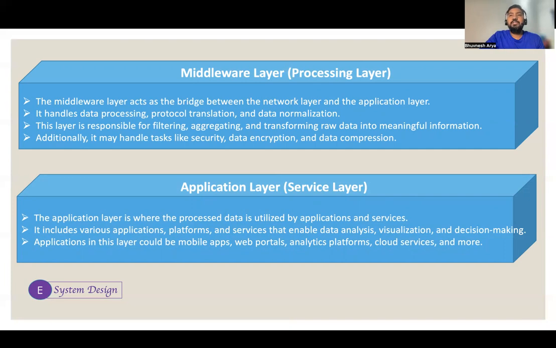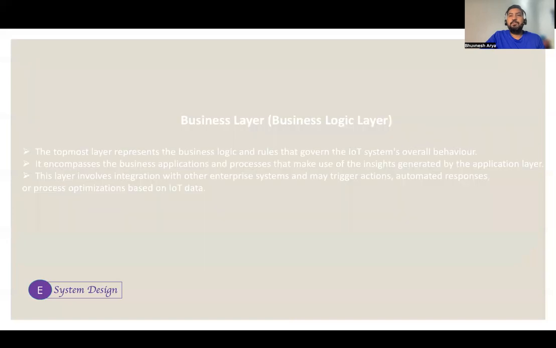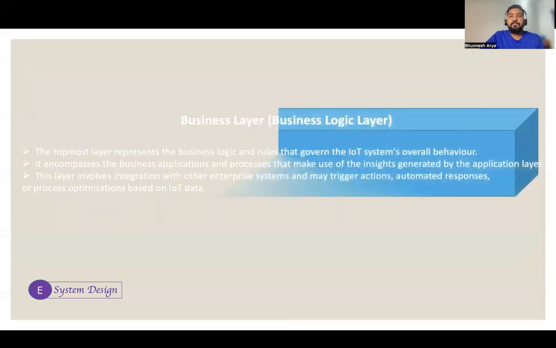It also includes various applications, platforms, and services, so that it also enables data analysis, visualization, and decision making. What you want to bring out of that data, how it is going to help the organization. And applications in this layer could be a mobile app, web portal, analytics platform, or cloud services. So all of these come to this layer.